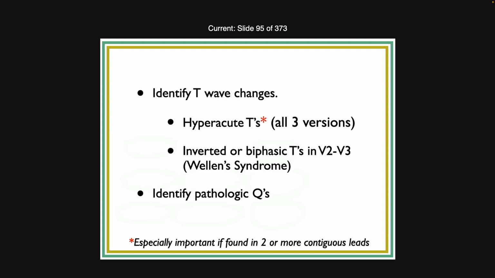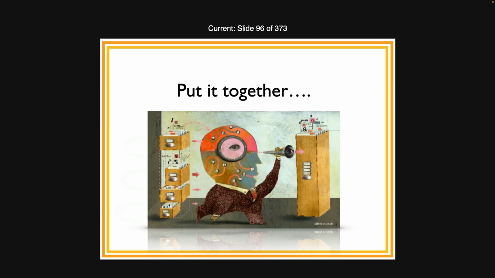And then go looking for the T wave changes. So I would look for hyperacute Ts. I would look for Wellens. Certainly, I didn't put it here, but certainly the hyperkalemic Ts. And then at the bottom of all this, not nearly as useful as other things, are the pathologic cues. And then you can put it together.